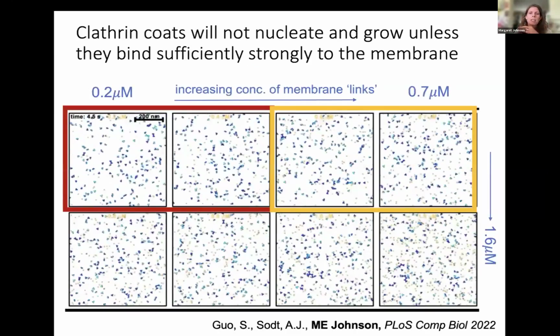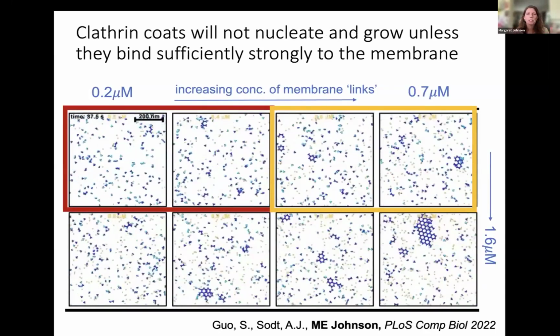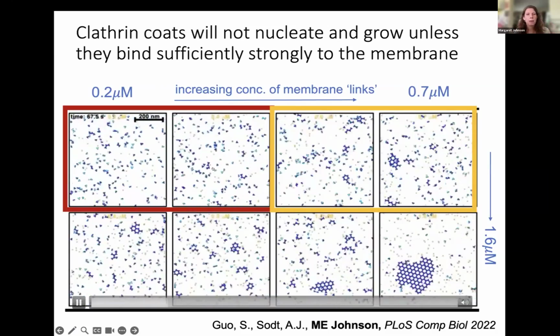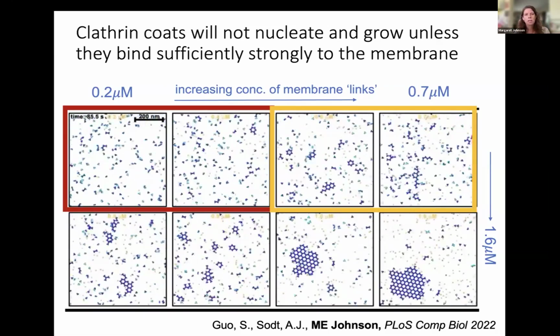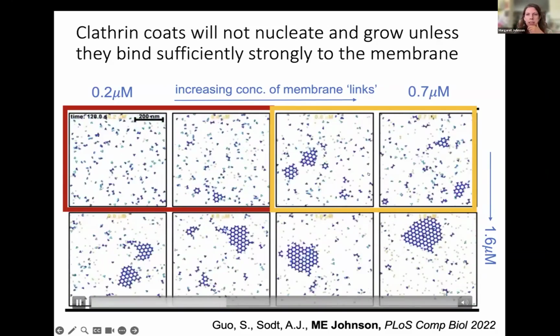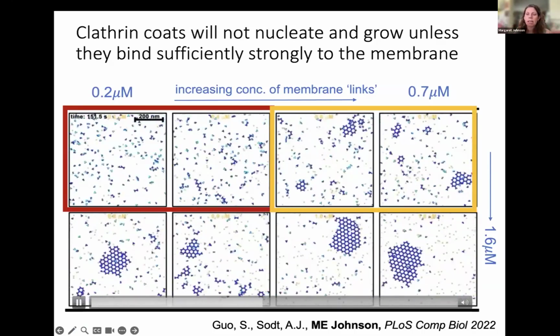And so these are some simulations we ran a few years ago. They had one extra component, but what I want you to see here is that in the red region, there's not enough links to the membrane, so you can't take account of dimensional reduction and some built-in cooperativity to nucleate. This is the critical concentration where you can nucleate, but they will spontaneously disassemble.